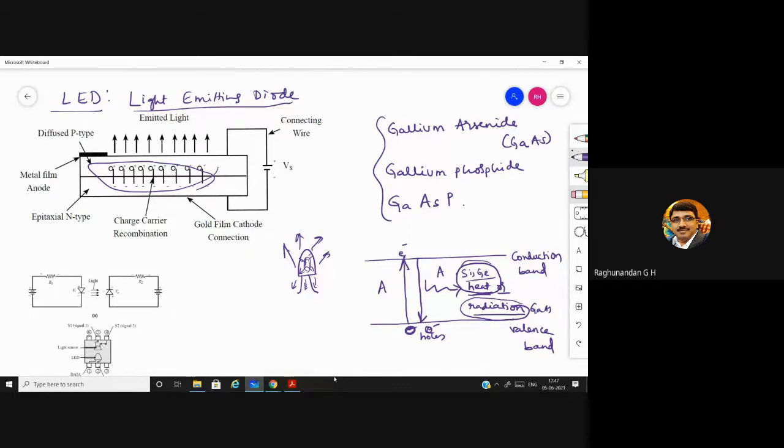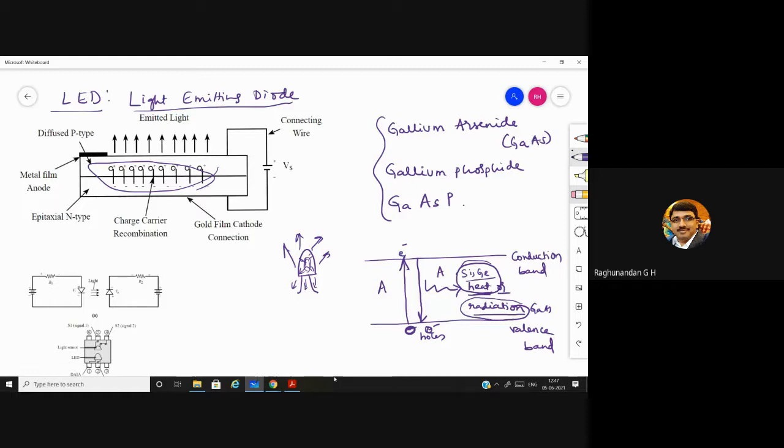We will be using this in TV remotes, and we'll be using it in calculators. Even you have seen it in traffic signals, digital computers, digital watches, and you have seen we are using LED bulbs.